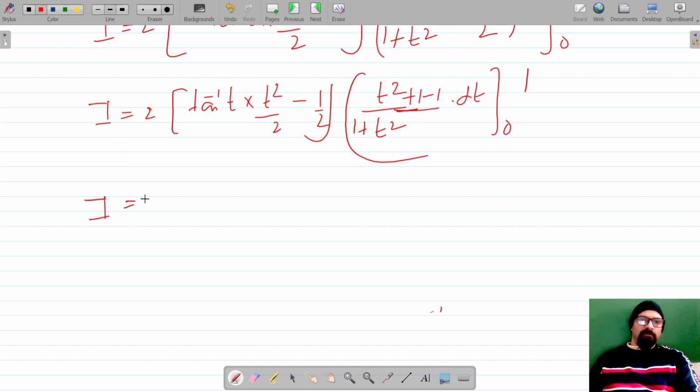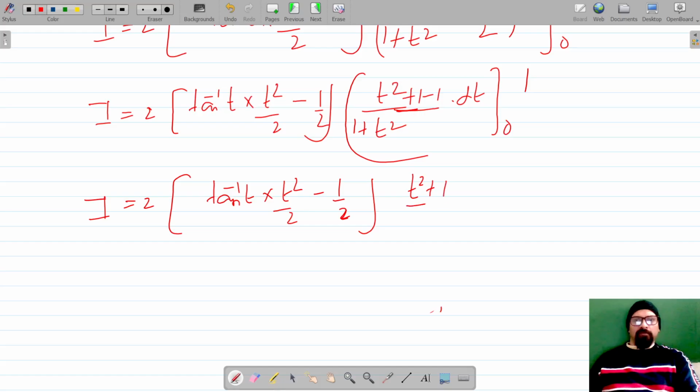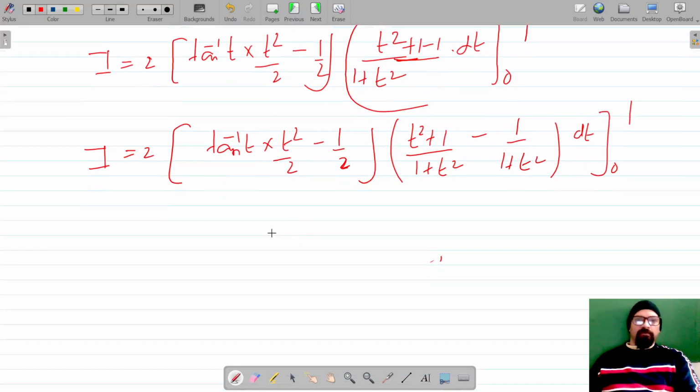So I is equal to 2 times tan inverse t into t squared by 2 minus half, and I can write it as t squared plus 1 upon 1 plus t squared minus 1 upon 1 plus t squared, into dt for the limit 0 to 1.